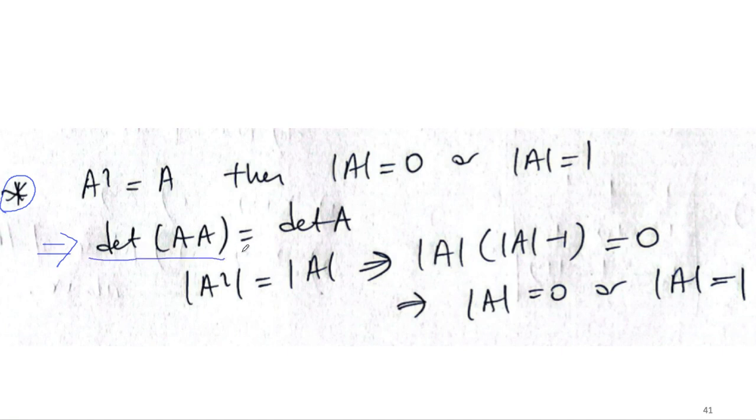We know that the determinant of A squared equals the determinant of A squared, but we can factor out the determinant of A, giving determinant of A times determinant of A minus 1 equals 0. So we have only two possibilities, either 0 or 1.